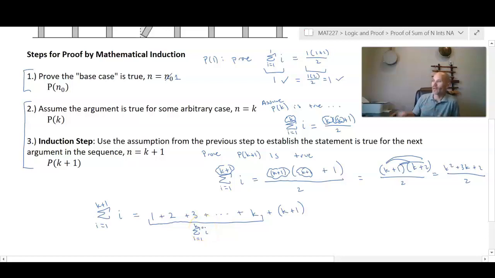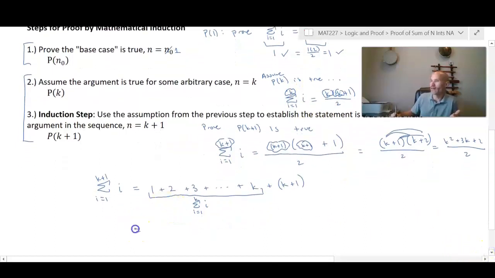The reason we want to identify that is because that means we want to use what we've assumed in the last step to help us in the current step. So what does this equal? Well, I'd rather get rid of the summation, because keep in mind, to prove that the right side is true, there should be no summation sign anymore. So if I expand out the summation, if I write out all of those terms, or kind of indicate that there are all of those terms, incorporating the first k of them, well, what do I know?